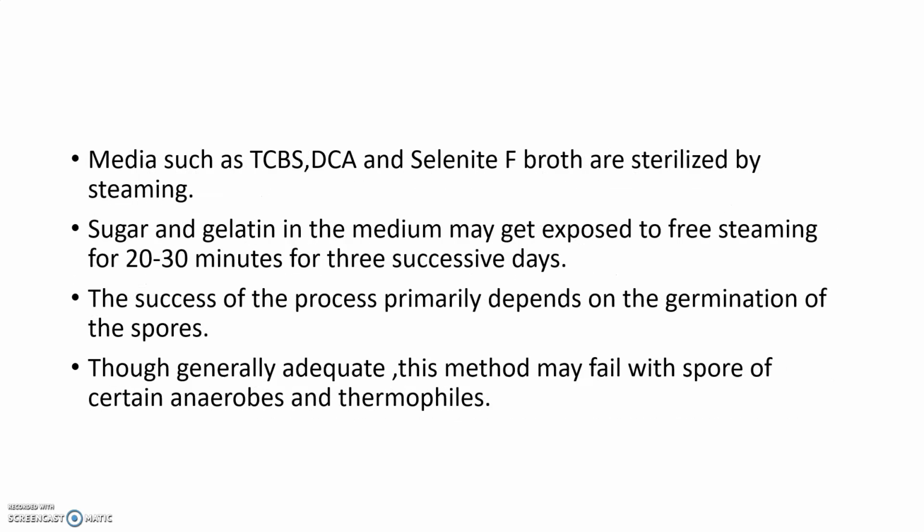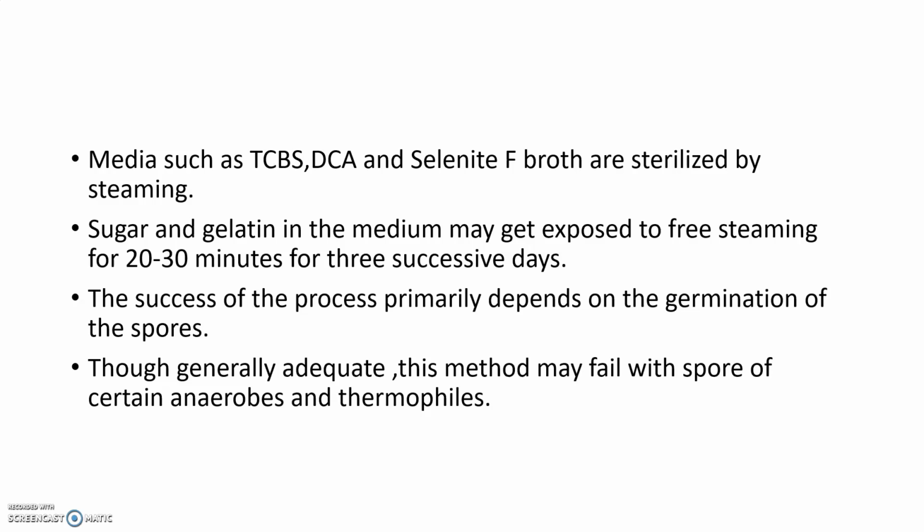Media such as TCBS, which is used for Vibrio cholerae, and DCA and selenite F broth, used against Salmonella and Shigella, are sterilized by steaming. Sugar and gelatin in the medium may be exposed to free steaming for 20 to 30 minutes for 3 successive days through this method. The success of the process primarily depends on what?